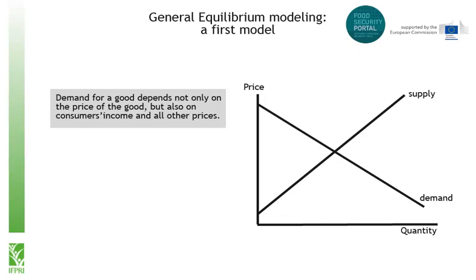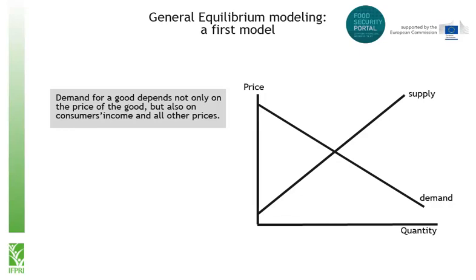Of course, the price of substitutes and the price of complements, but also the fact that if the general level of price is very high, the purchasing power of the consumers will be low. On the other side, if the general level of price is very low, the income of the consumer will give him more purchasing power.